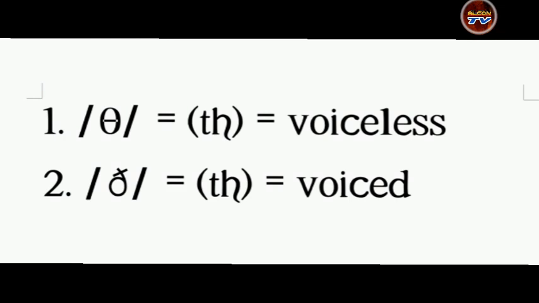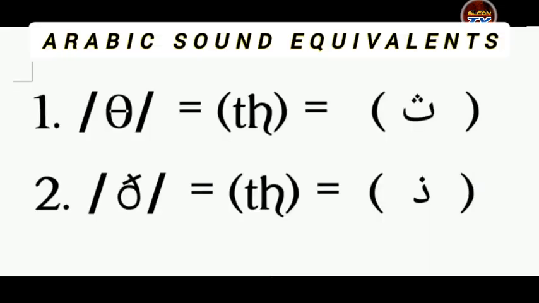Now, let's look at the Arabic equivalents of these sounds we just talked about. The first one is again th. As I said, it's represented with a TH. So the Arabic equivalent of this particular sound is th, th, th. You have it like you have it in thank.